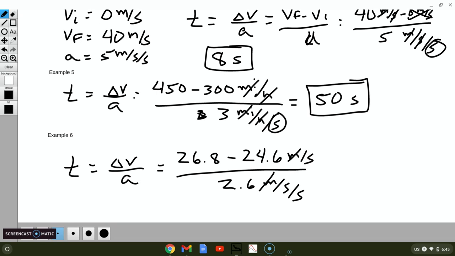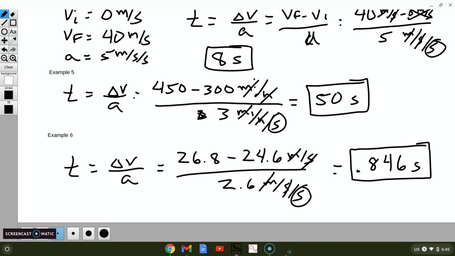So the meters are going to cancel. One of the seconds is going to cancel. That's going to be left alive. So now when we punch this in, 26.8 minus 24.6 is 2.2 divided by 2.6, and we get a weird number, but that's okay. That's what the calculator's for, 0.846 seconds, so a little less than a second, and we get it right there.